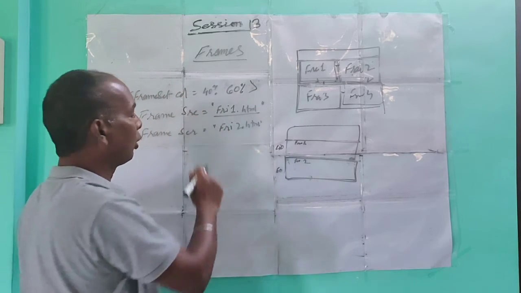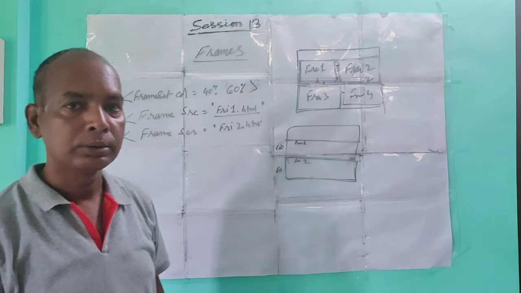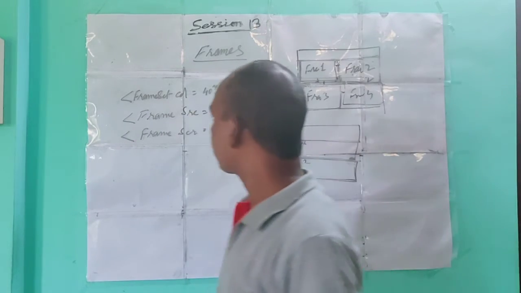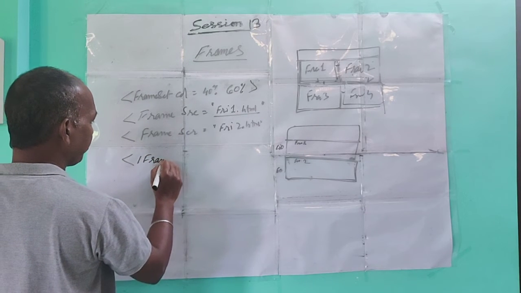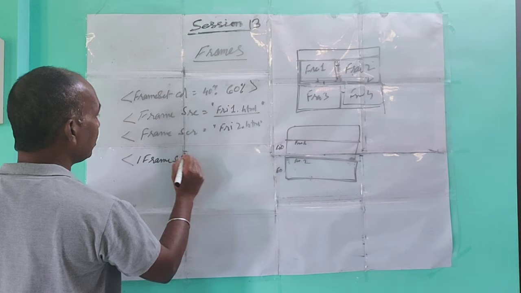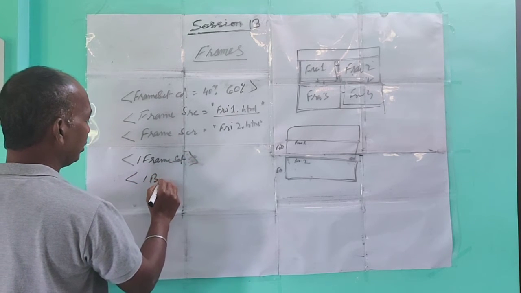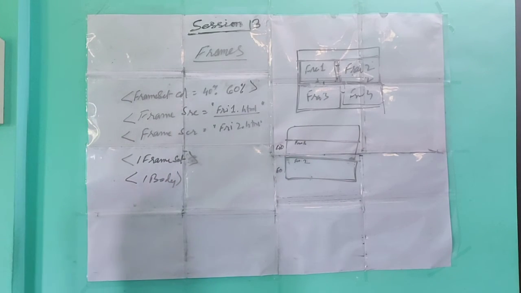So this frame column is divided in two parts, frame 1 and frame 2. After that, you just close the frameset and then close body. So your first frame document is finished.